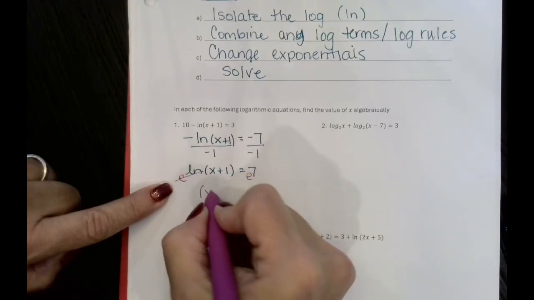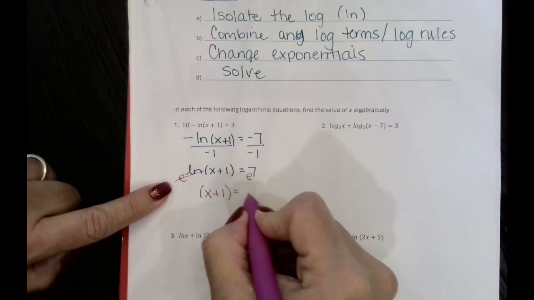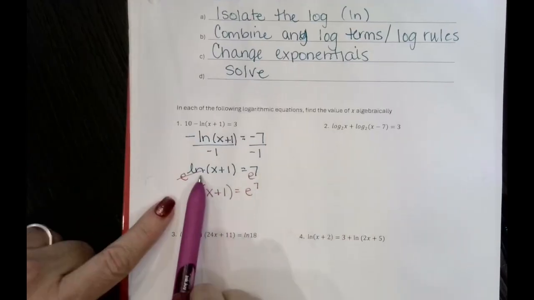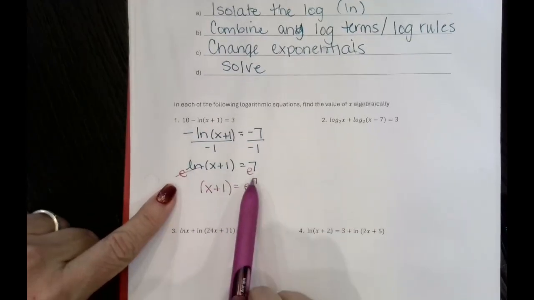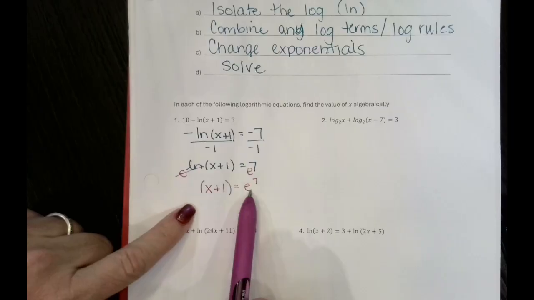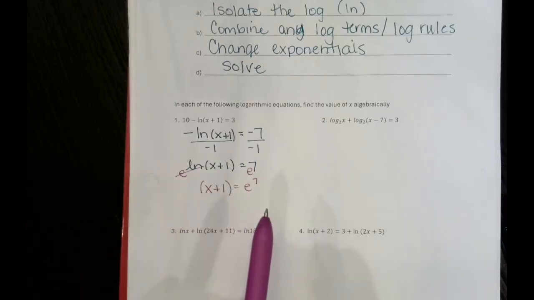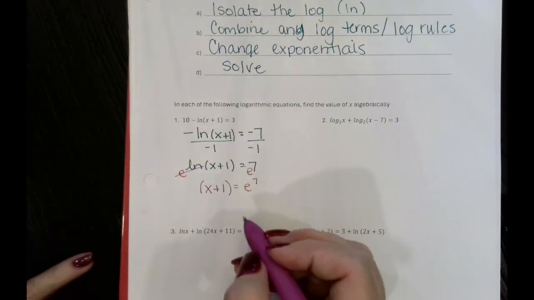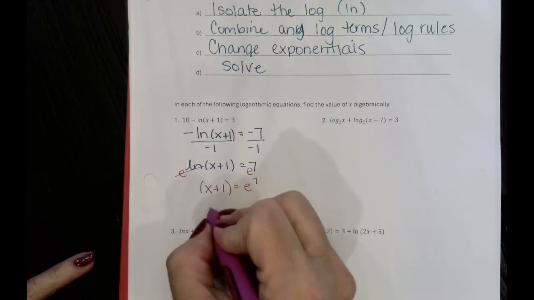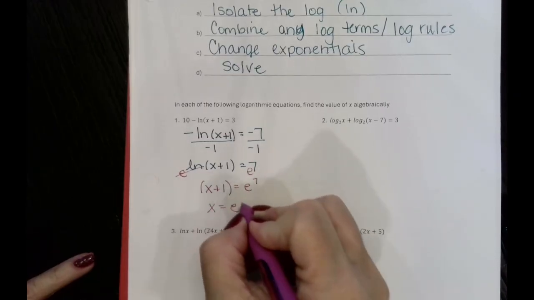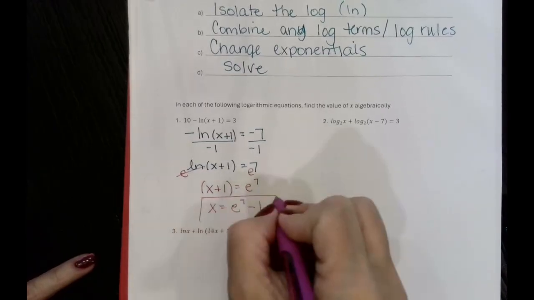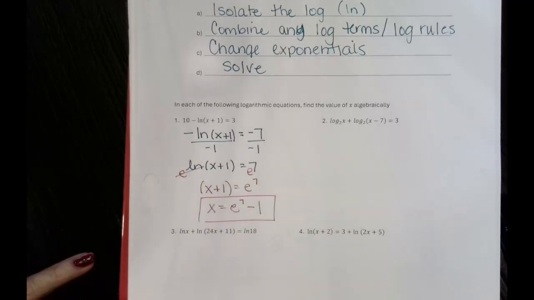This comes down and we have x plus 1 equals e to the 7. So this side cancels out, but on this side we actually make it an exponential, so we have this 7 that's up here. Okay, so last step is to solve this, so we have x equals e to the 7 minus 1, and that's going to be my final answer.